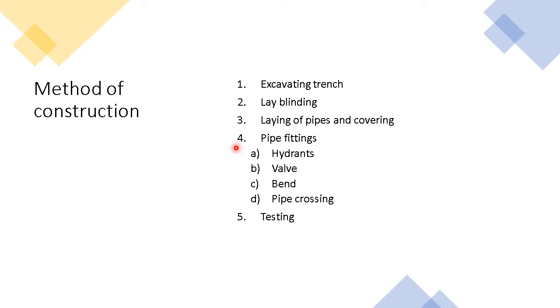The method of construction for water reticulation system will start with excavating trench and then lay blinding with the soil and then laying of pipes and the covering. Install the pipe fittings such as hydrants, valve, band, pipe crossing, and then do the testing.